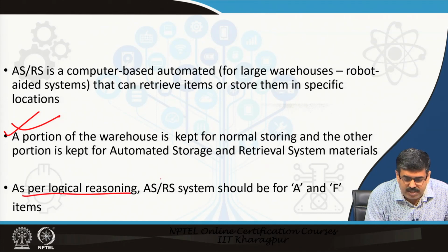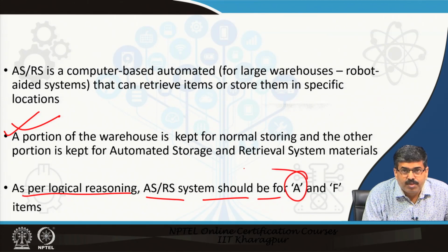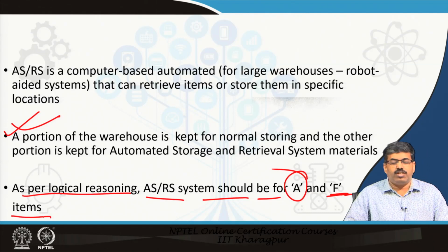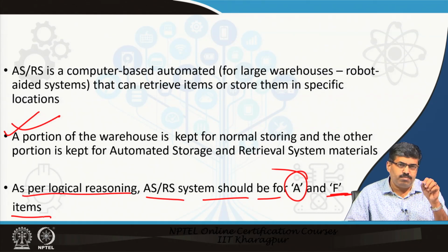As per logical reasoning, ASRS system should be for A items, 20% items consuming 80% of the value, and fast moving items. So, what did we learn? Automated and ASRS are different, we will come to it a bit later on.